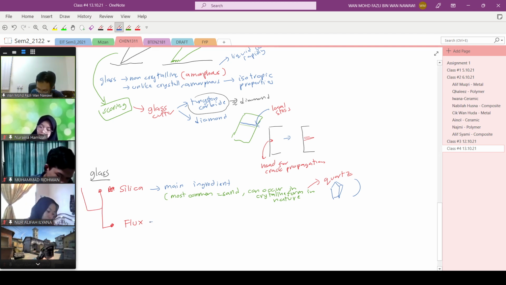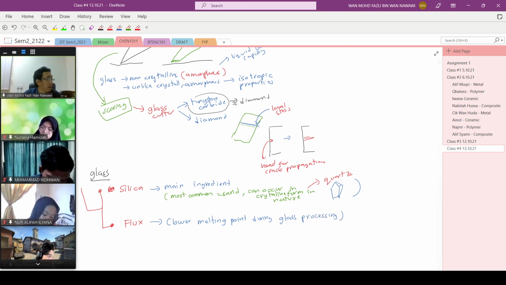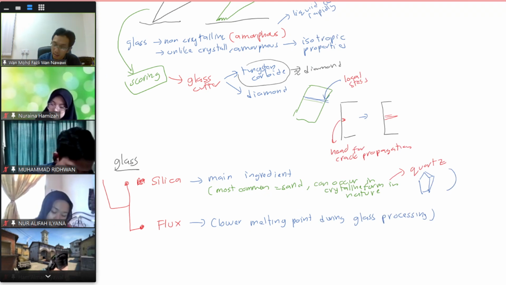The function of the flux is to lower the melting point of the sand during glass processing. So that is the purpose of the flux.